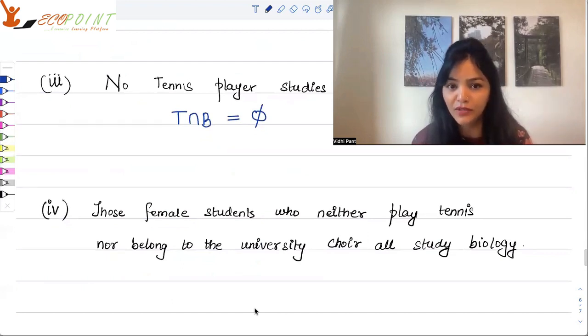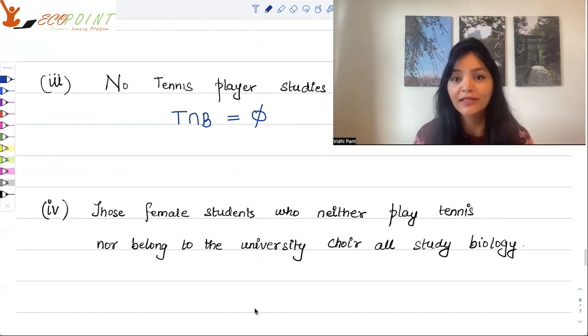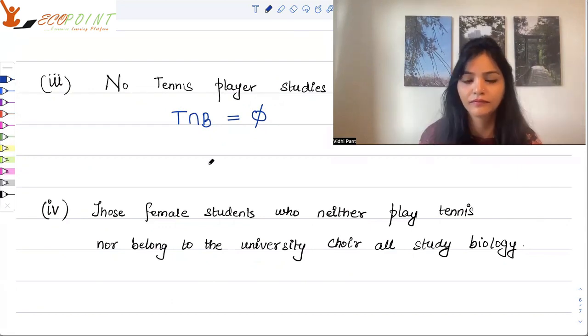Those female students who neither play tennis nor belong to the university choir all study biology. What would this depict symbolically in set theory? I hope you must have got it right by now. You are talking about all the female students who are neither playing tennis nor are in the choir.